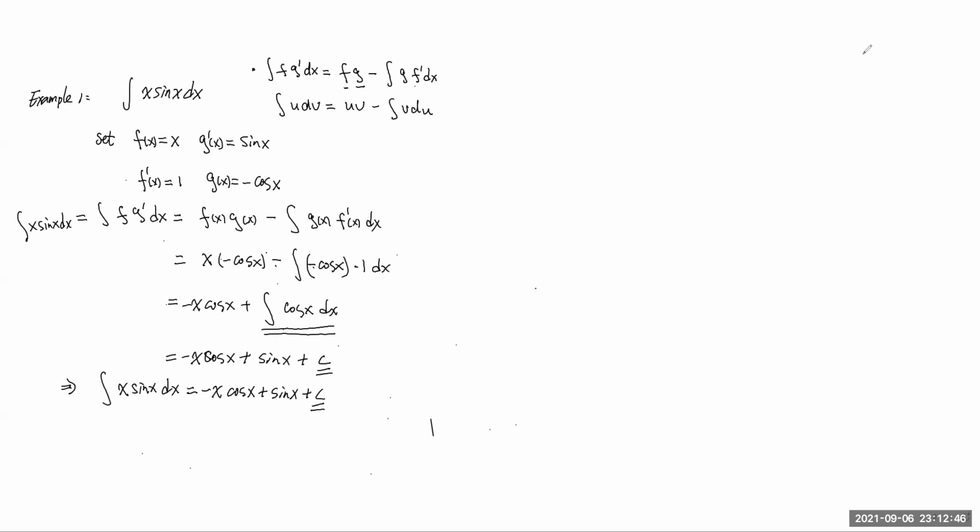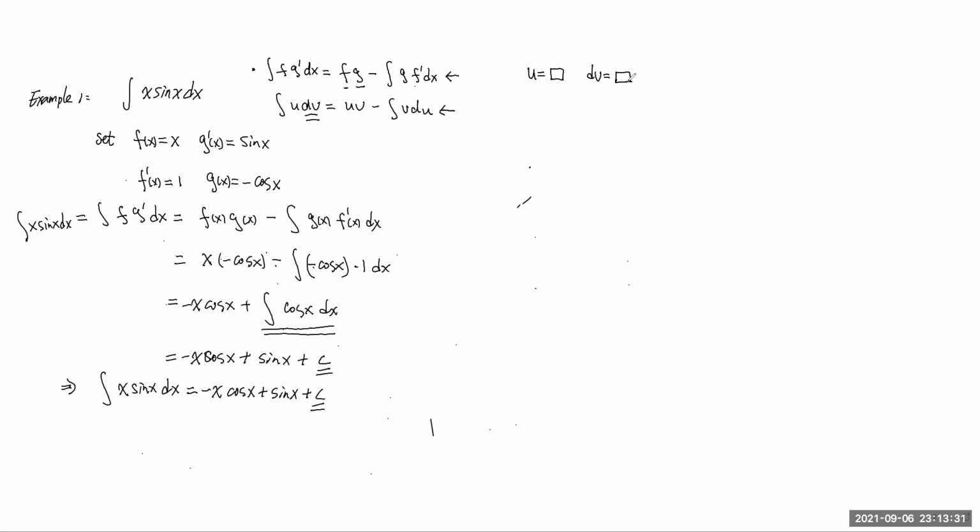Okay, so let's use another way to do example 1 again. For the first method, we used f and g, right? We may use the second one. It depends which one you like more. So how do we do this? If we are using the second formula, you have to find what's u, and what's dv, right?